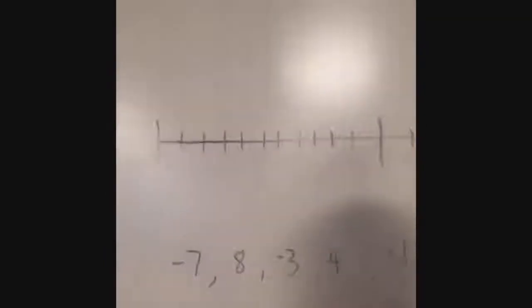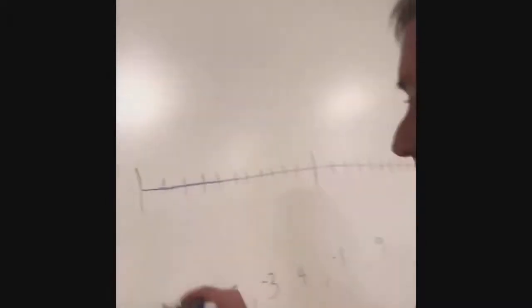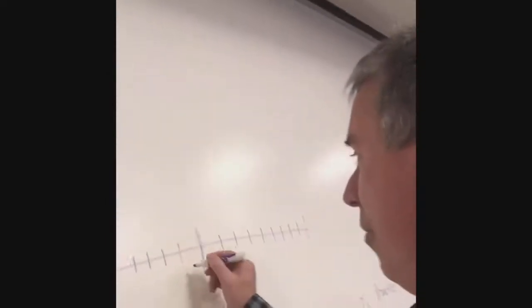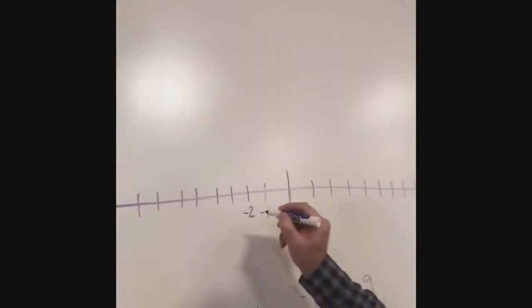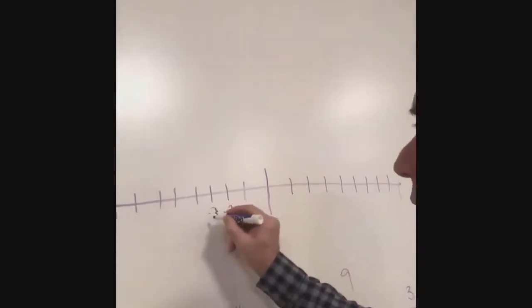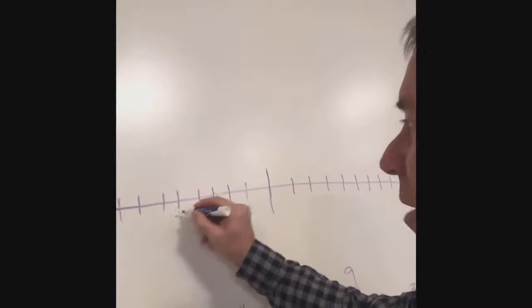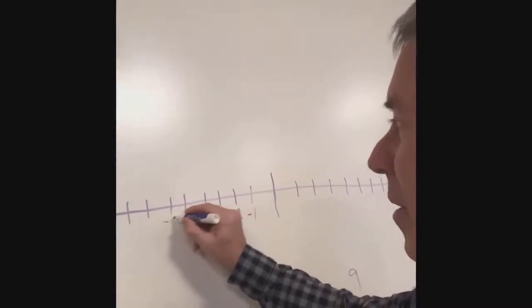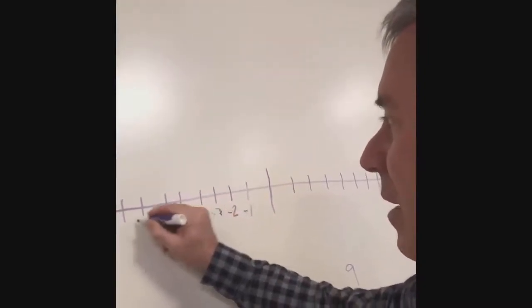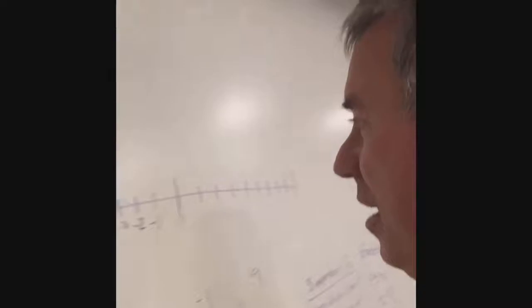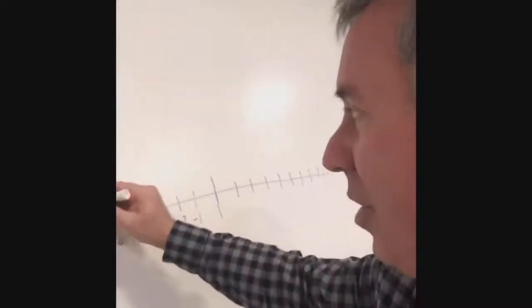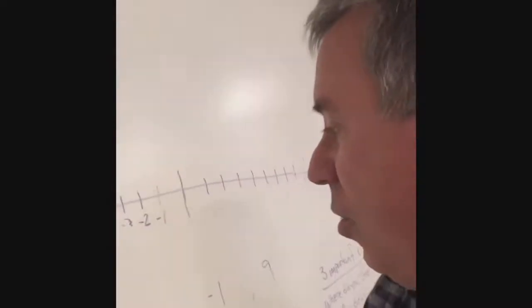Here I have -7, and so I want to label my number line. -8, -9, and then put my numbers up here so that they understand where they are.